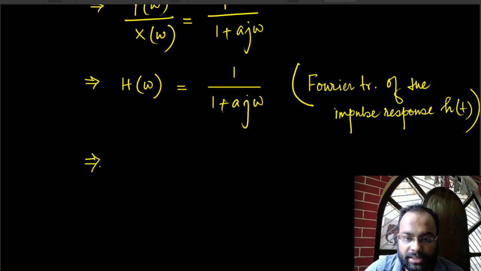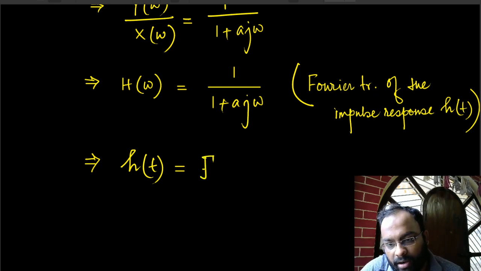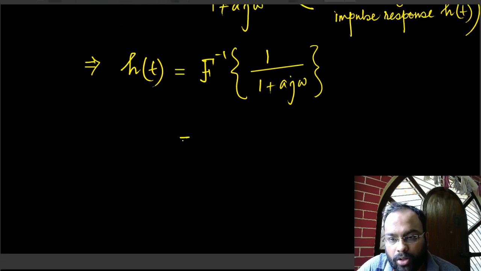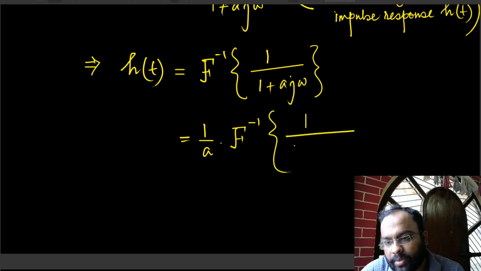Then if I apply the inverse Fourier transform here, I am calculating the impulse response itself. So I bring this A outside. I have 1 by A and the inverse Fourier transform of 1 by 1 plus A j omega.